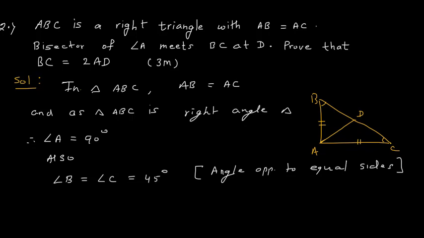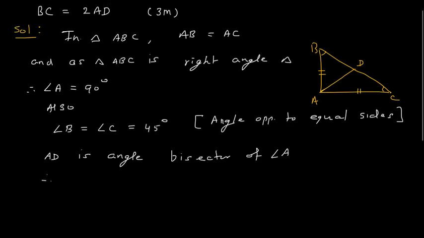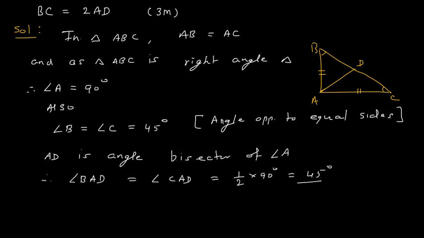Now bisector of angle A meet BC at D. So AD is angle bisector of angle A. Therefore, angle BAD is equals to angle CAD is equals to half of this 90 degree is equals to 45 degree.